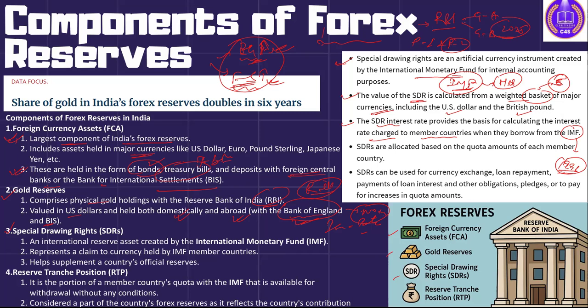SDRs are calculated based on the quota amount of each member, the reserve that each member, whether it is India or any other country that is a member of the IMF, is keeping in SDRs. So SDRs are allocated based on the quota amount, that is, how much amount they keep in the IMF. According to that, the quota will be allocated to that particular country, and it gives it voting right to say in the IMF.